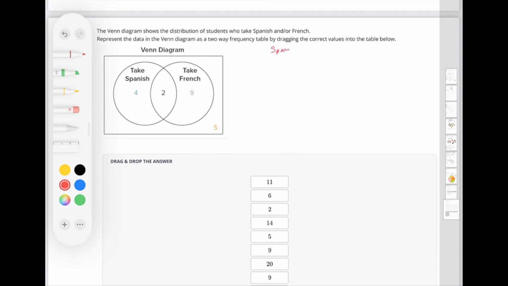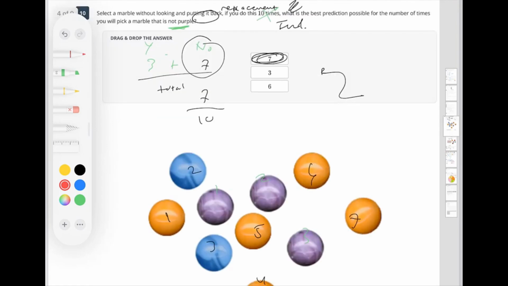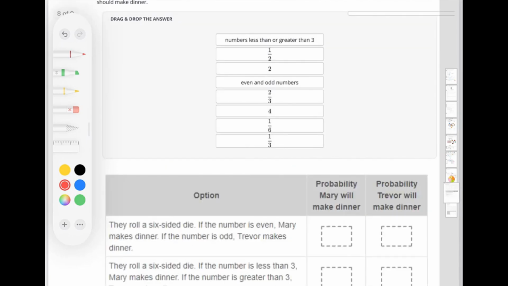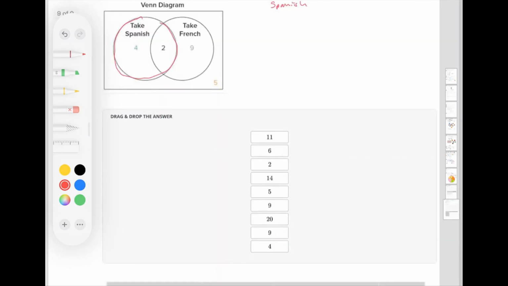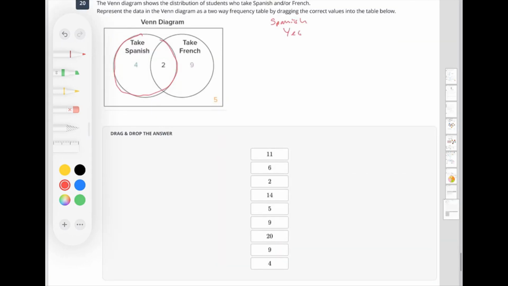Spanish. I like to say taking Spanish, no Spanish. So I'll just call it yes Spanish, no Spanish. Then we have French. Yes French, no French.